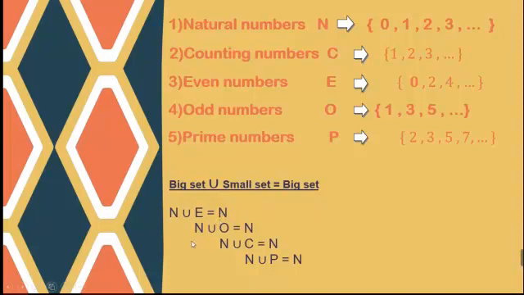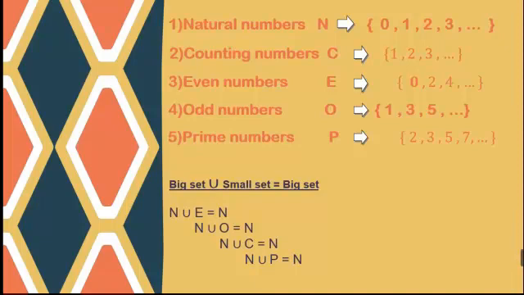Another example: the set of natural numbers union with the set of odd numbers. Who is my baby? The odd numbers. And the baby is inside the mother, which is the set of natural numbers. So my answer in the union will be the natural numbers. Is it clear? Is it easy?